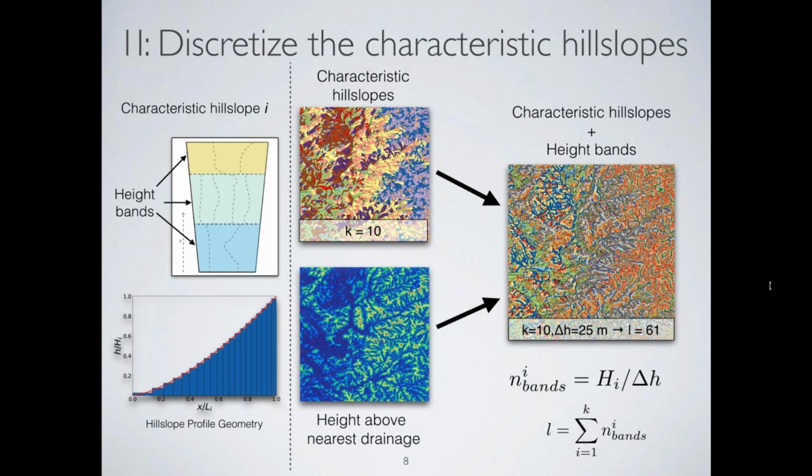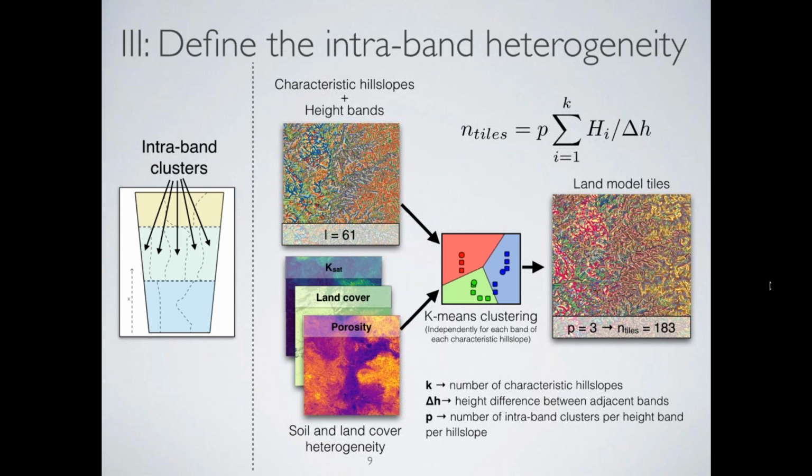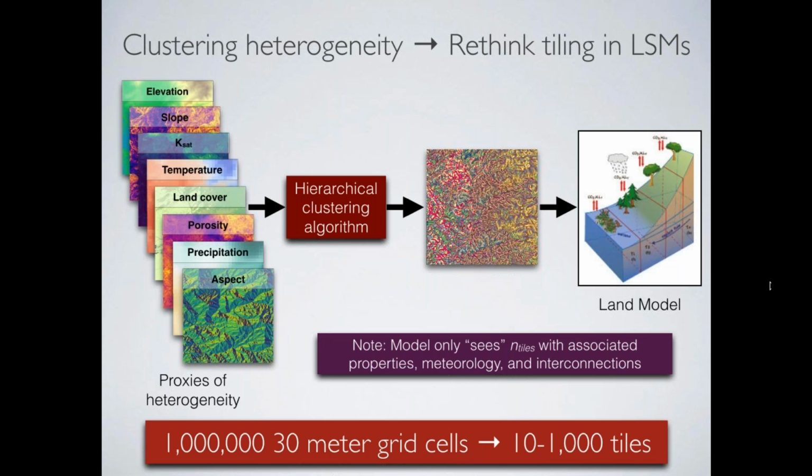So I know which characteristic hill slope the 30-meter grid cell belongs to, and I know the HAND, and so I immediately know the band that it belongs to. By doing that and then adding in the intra-band clusters, I have this map of tiles. This map of tiles with all these colors has a lot of heterogeneity, but really all that's there is, in this case, 183 tiles. Each of those tiles has its own properties, and they're all interconnected within the hill slope.